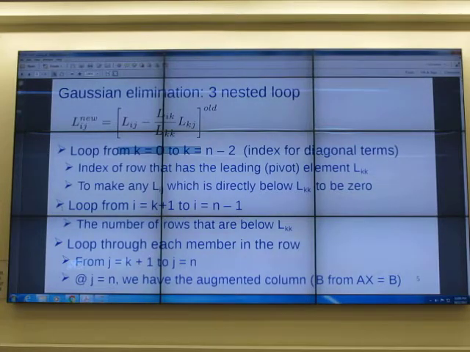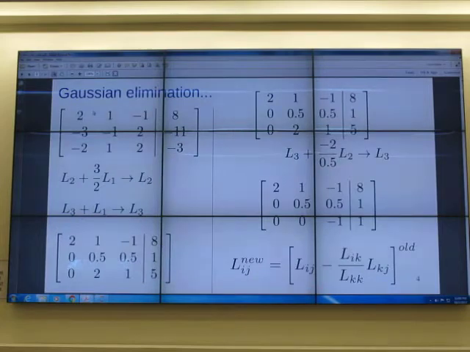And then we also have to do a loop from i equal to k plus 1 to i equal to n. i is the index for that row, right? So the rows that are below LKK will be changed. When we change the pivoting element, the leading element, we change it like that.